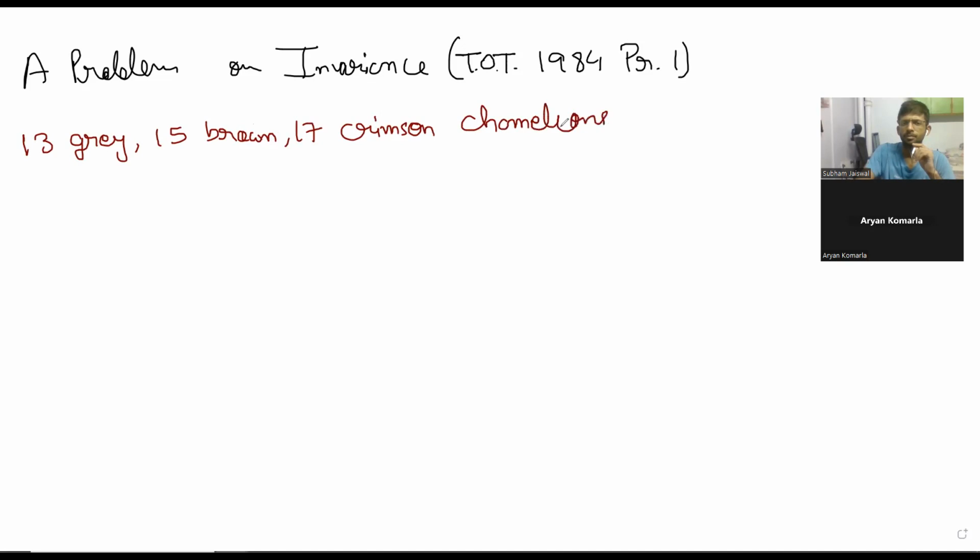If two chameleons of different colors meet, they both simultaneously change color to the third color. So if gray and brown meet, they both become crimson.